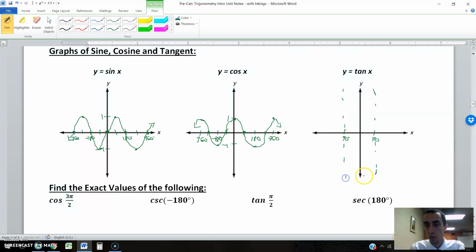So we have vertical asymptotes at 90 degrees and negative 90 degrees. And in between, we essentially have a single curve, goes through the origin, and at 45 degrees, it hits 1. At negative 45 degrees, it hits negative 1.